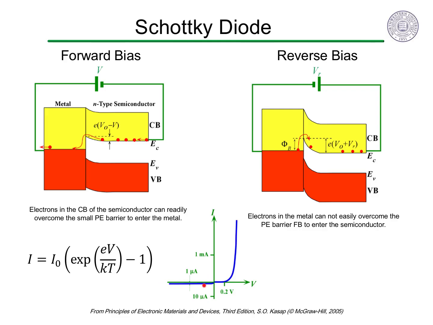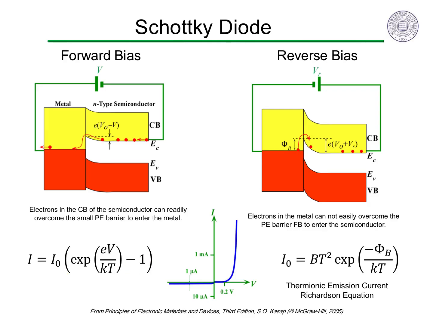The small reverse bias current is nearly constant as given by the diode equation. Since this reverse bias current is essentially due to the thermal excitation of electrons in a metal that are able to go over a barrier, the current should be similar to that for thermionic emission, which is given by the Richardson equation. As expected, this includes an exponential of the band offset barrier over kT.